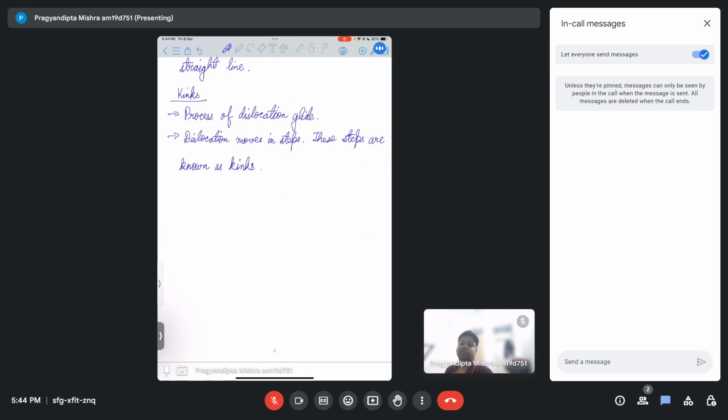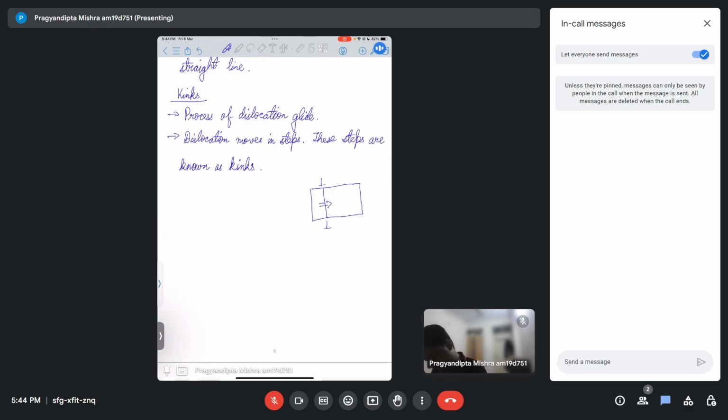So how will this kink look? It will look something like this. Let's say we have a surface where a dislocation is present, and let's say this is my dislocation, this line. So this entire thing is an edge dislocation, and it's gliding in this direction.